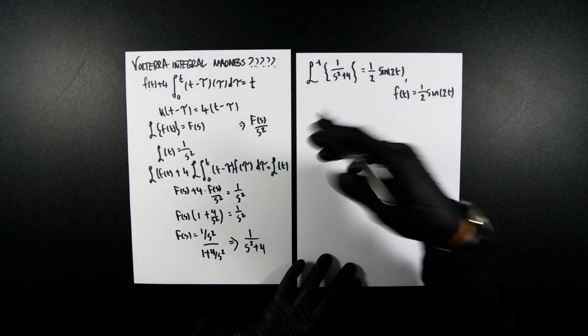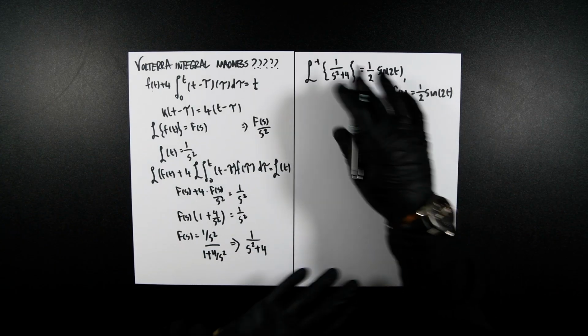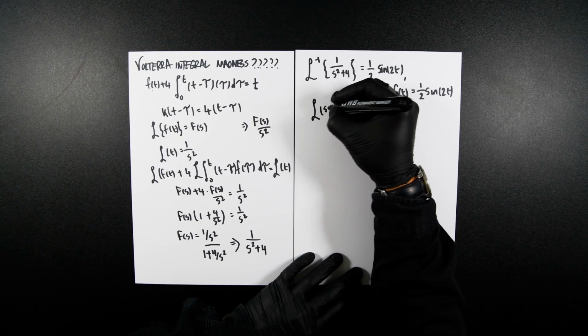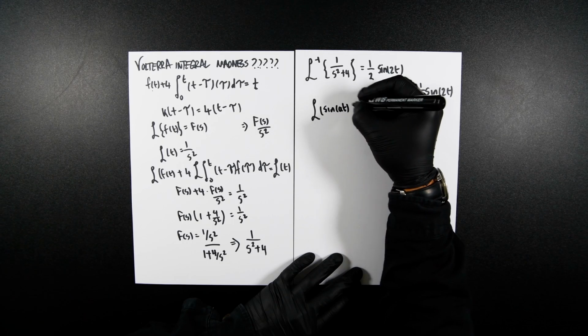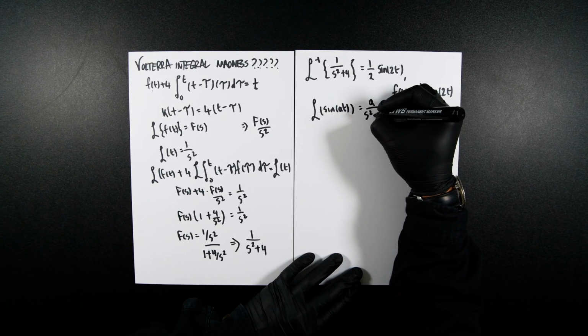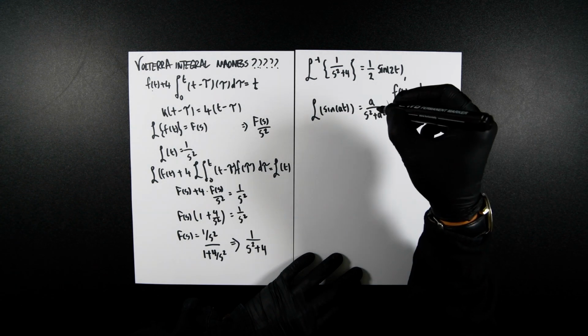This leap's a bit crazy, and this video is not about Laplace, but okay, I'll explain how it goes from there to there. So obviously, I'll do this quickly, sine at would equal a over s squared plus a squared. This is something that you must remember.